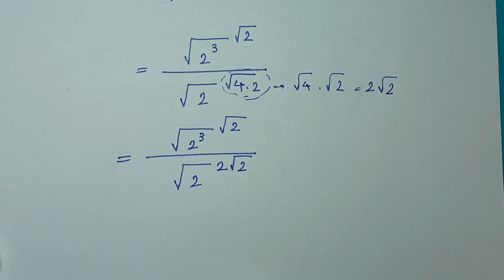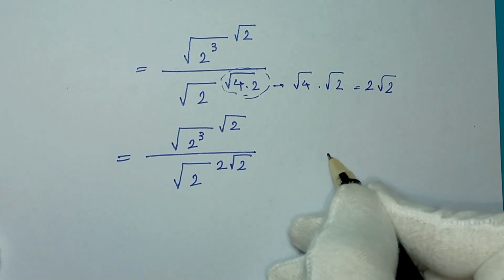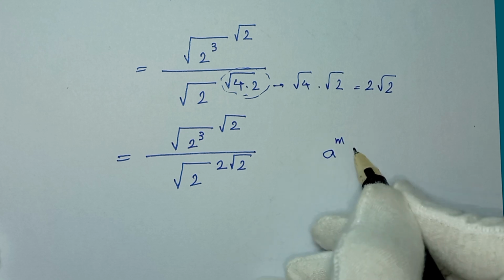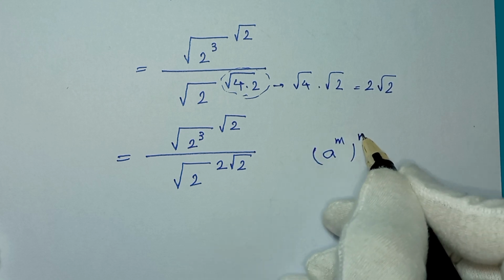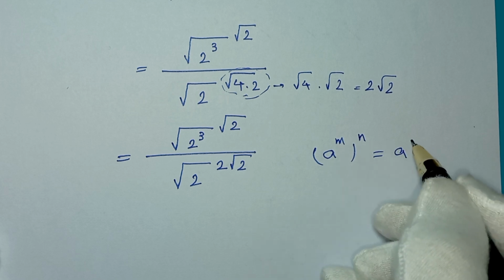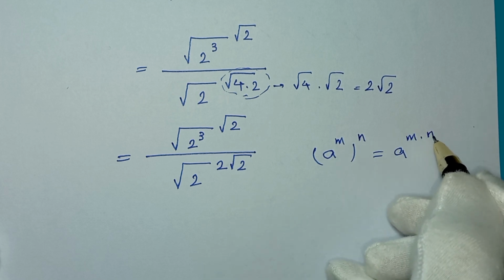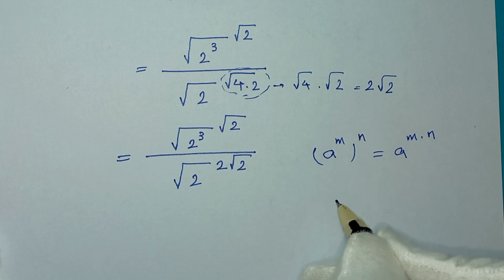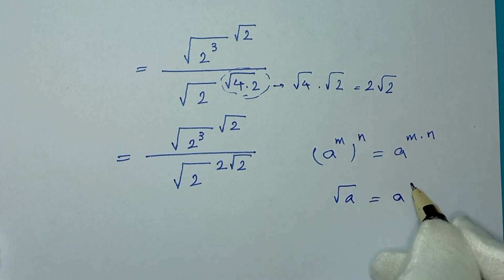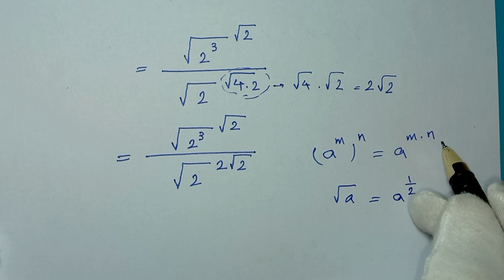And as you know, if we have a to the power of m to the power of n, it is a to the power of m times n. And also, the square root of a is equal to a to the power of 1 over 2.